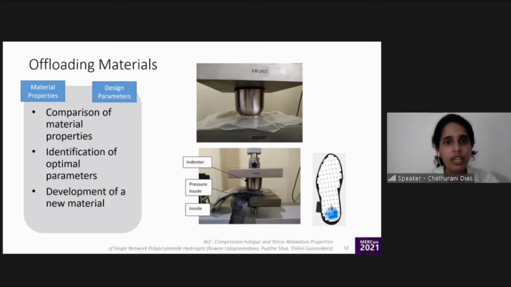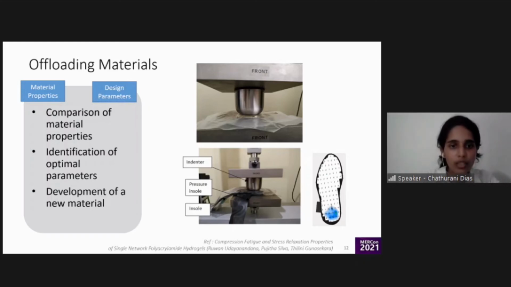But in addition, the water-based gel, since it has water molecules inside, is able to further redistribute the pressure after that initial pressure absorption. In order to verify this, it was mandatory that we be able to measure the interface pressure. And that is where we used an interface pressure sensor, in addition to all the other mechanical tests that we conducted.